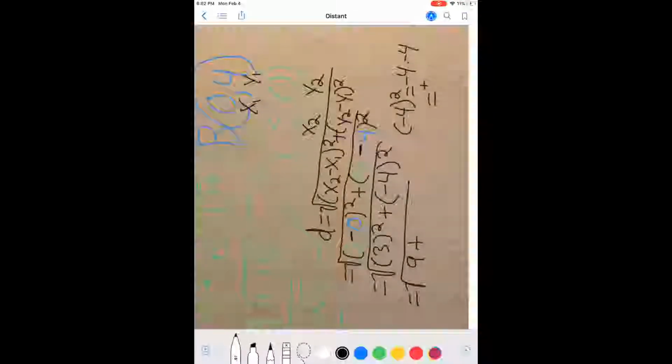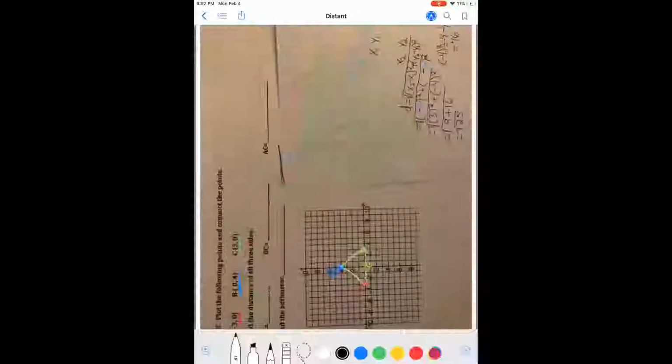Negative times a negative is a positive, and then we simply have 4 times 4, which is 16. So 16. Again, we have the square root of 25. So here we can put the square root of 25.